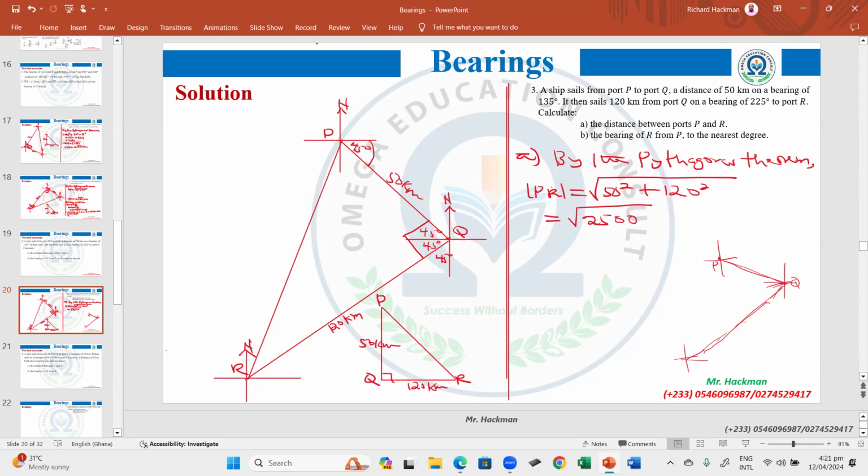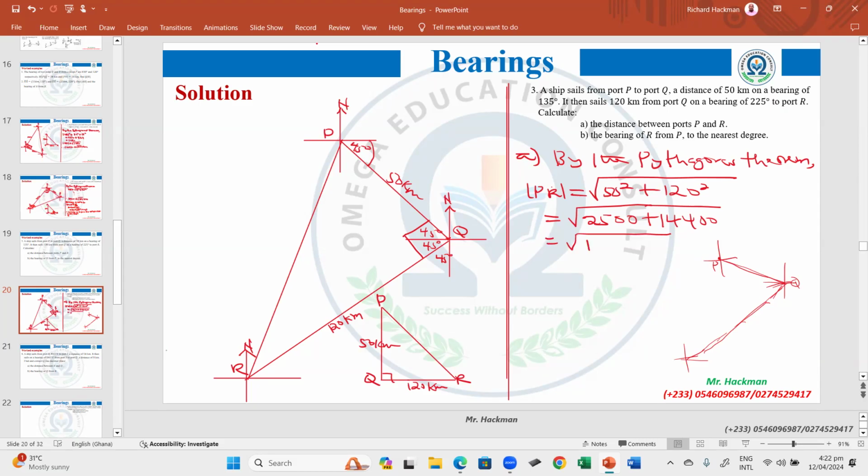2500 plus 14400. So 12 squared, then you add 2 zeros. So in effect, we are going to get root of 16900.